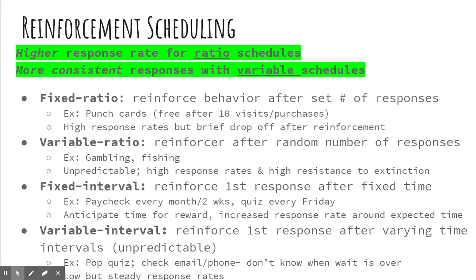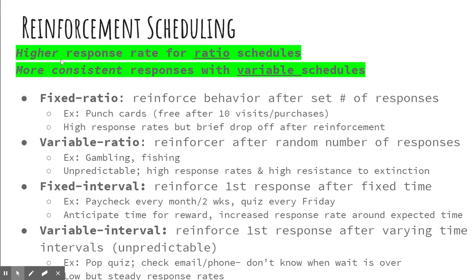Refreshing Instagram is not going to make someone message you every couple times you swipe down. But if you sit there and swipe long enough, you know that probably eventually, after an amount of time, someone does message you, it will pop back. So you don't really know when. This is also low, but you get steady response rates.